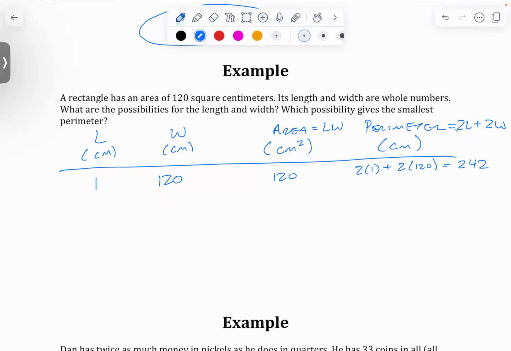And then we're looking at what are the possibilities. So we can just move down the list. 2 and 60. Still 120. And 3 and 40.